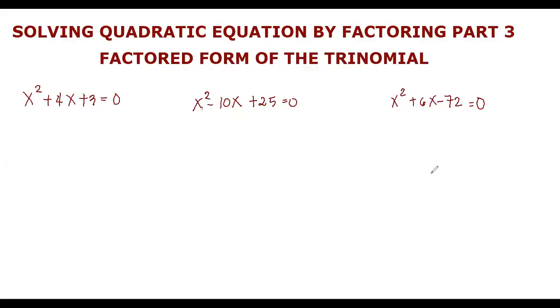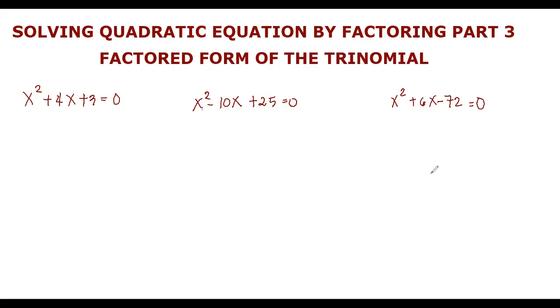Okay, given x squared plus 4x plus 3 is equal to 0, we need to factor this out first. How are we going to factor this out? Like I told you in the first part of this lesson, we always need to consider the last term of the expression.